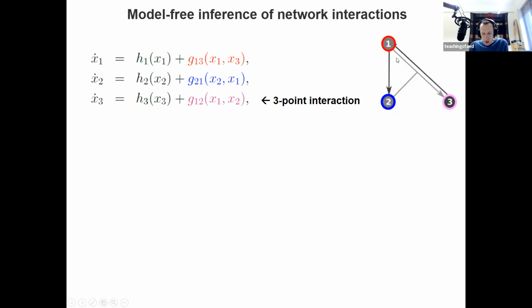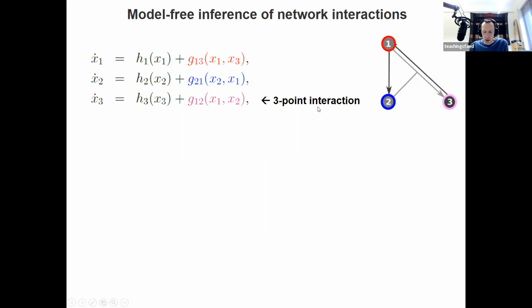So if you look at variable 1 here, there should be an arrow towards 1. So there's an input from 3 to 1, and the coupling function may depend on both variables. There's a second coupling function which depends on 2 and 1, which is the input 2.